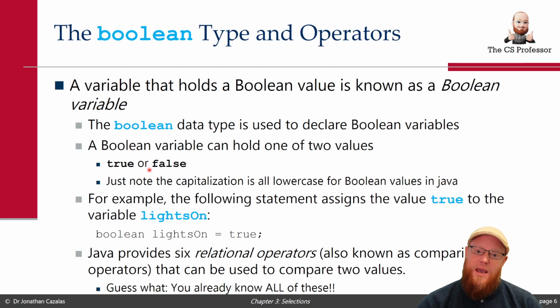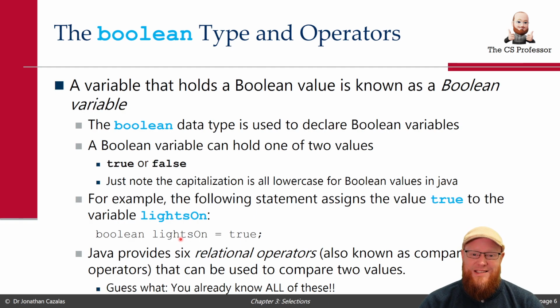In comparison to Python, where we have True and False, where the T and the F respectively are capitalized, in Java, it is fully lowercase. So as you see, we can make this Boolean variable called lightsOn, as just an example, where we could set it to true to signify that, hey, the lights are on. And then if they were turned off, you would set it to false.